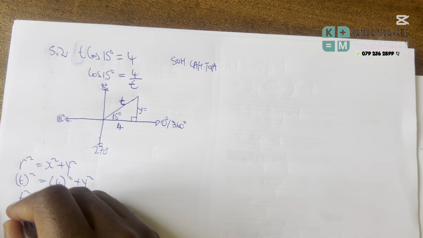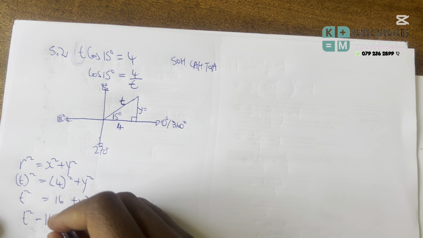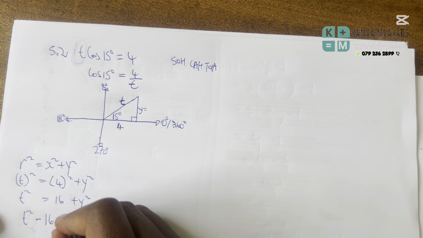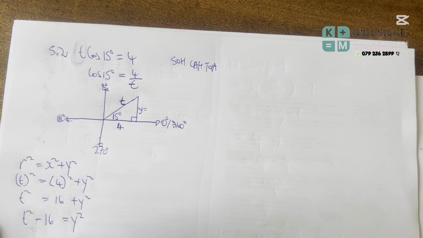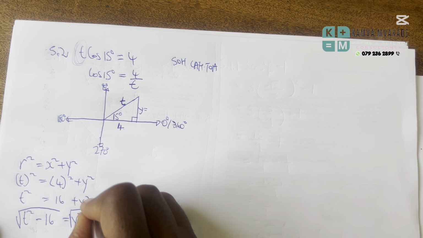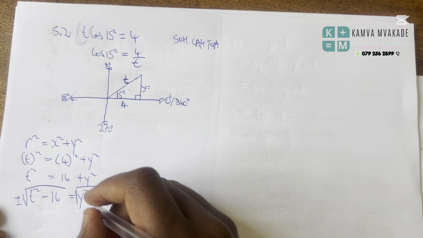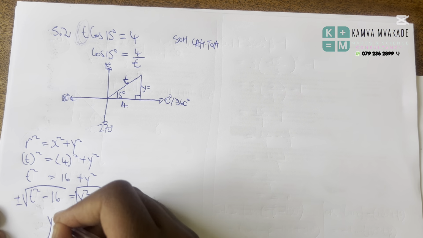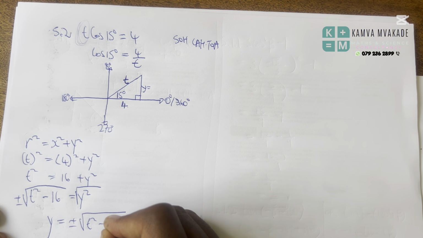Transpose that, it will be t squared minus 16 is equal to y squared. So we introduce what? Square root on both sides. Then it will be plus or minus. Now y is going to be equal to plus or minus the square root of t squared minus 16.